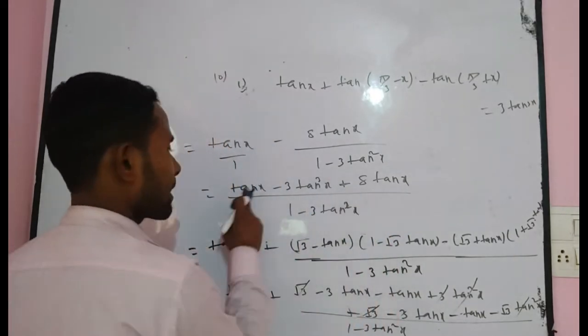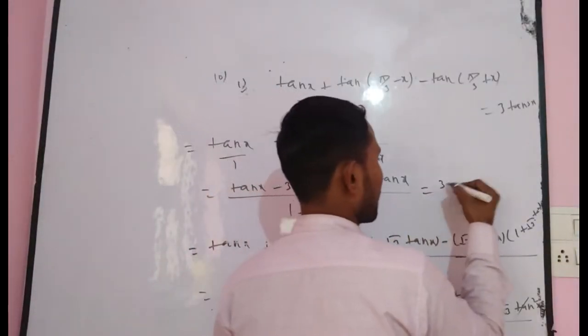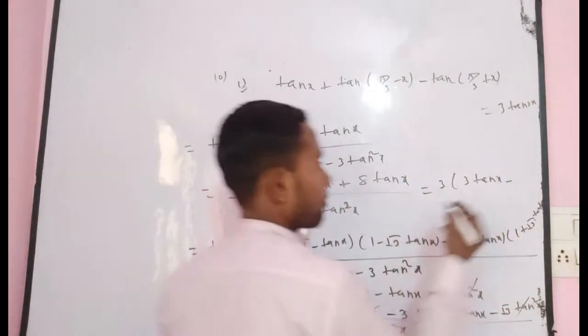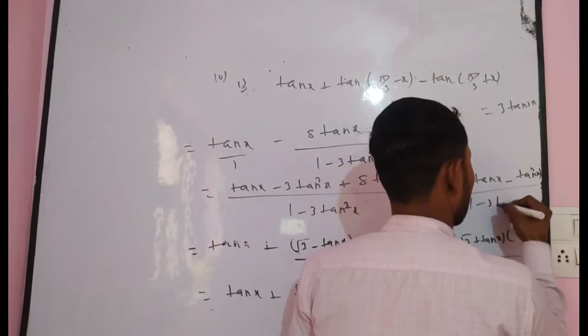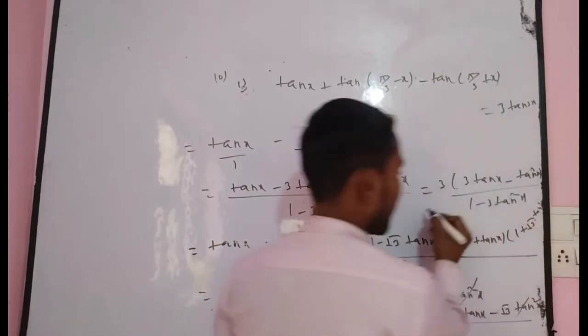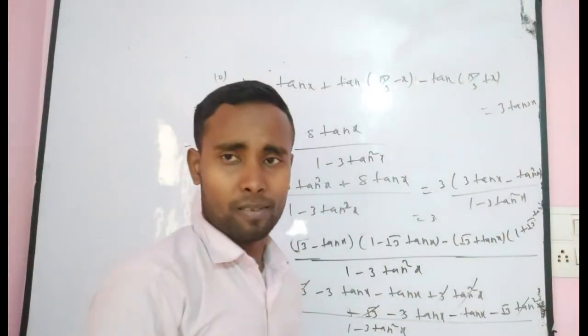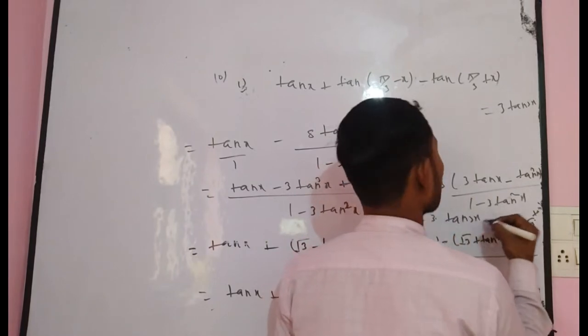Here 8 tan x plus tan x is 9 tan x. If you take 3 common, you get 3 into 3 tan x minus tan cube x divided by 1 minus 3 tan square x. This will be tan 3x, which is your RHS.